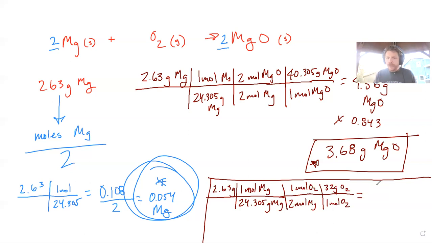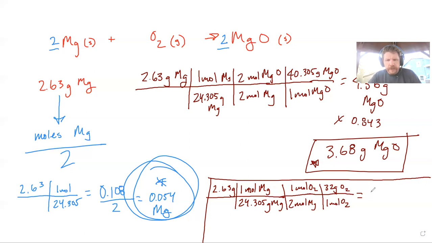So I'm going to be able to figure out how much O2 is actually utilized. And then I'm going to say, of the initial amount of O2 that I had, how much of it's left? So I'm going to say 2.63 times 32, because it's 2.63 times 1 times 1 times 32. I'm going to divide that by 24.305 times 2, or 48.61.